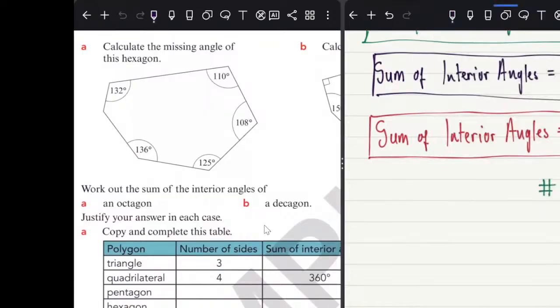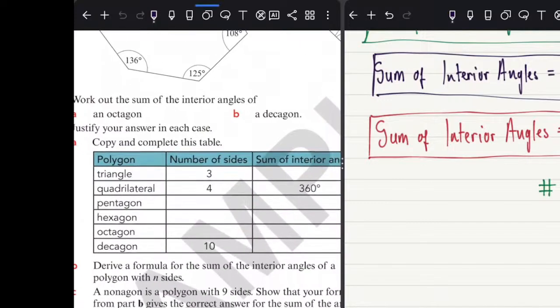So let me show you where it's hard for a lot of people. They struggle with the number of sides. They struggle with this table which they want you to copy and complete. I want you by the end of this lesson to be able to copy and complete the table.